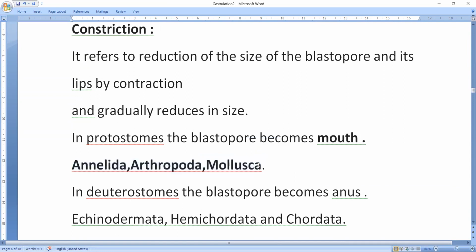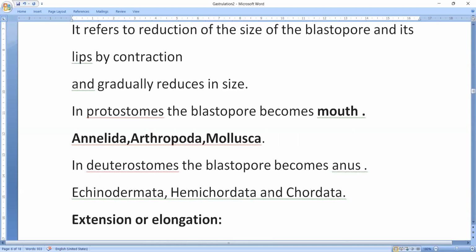That is an example for constriction. Annelida, Arthropoda, Mollusca: these three phyla animals are protostomes. And Echinodermata, Hemichordata, and Chordata are deuterostomes.